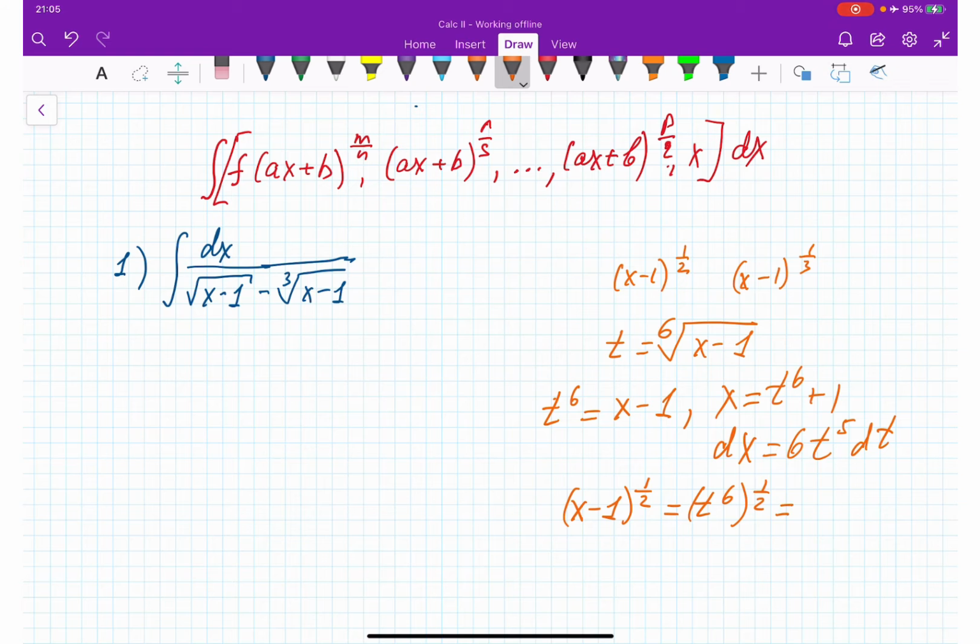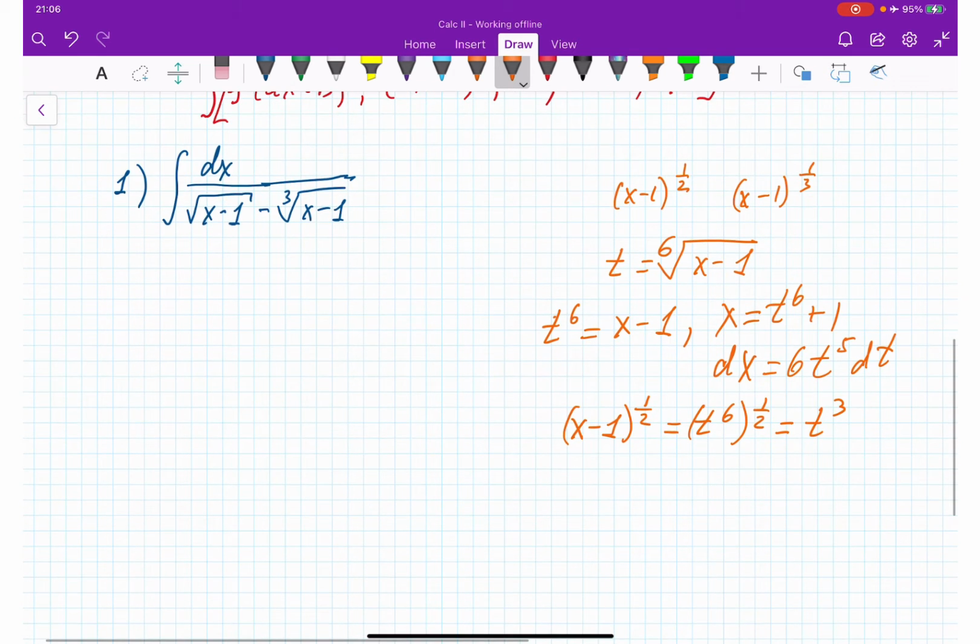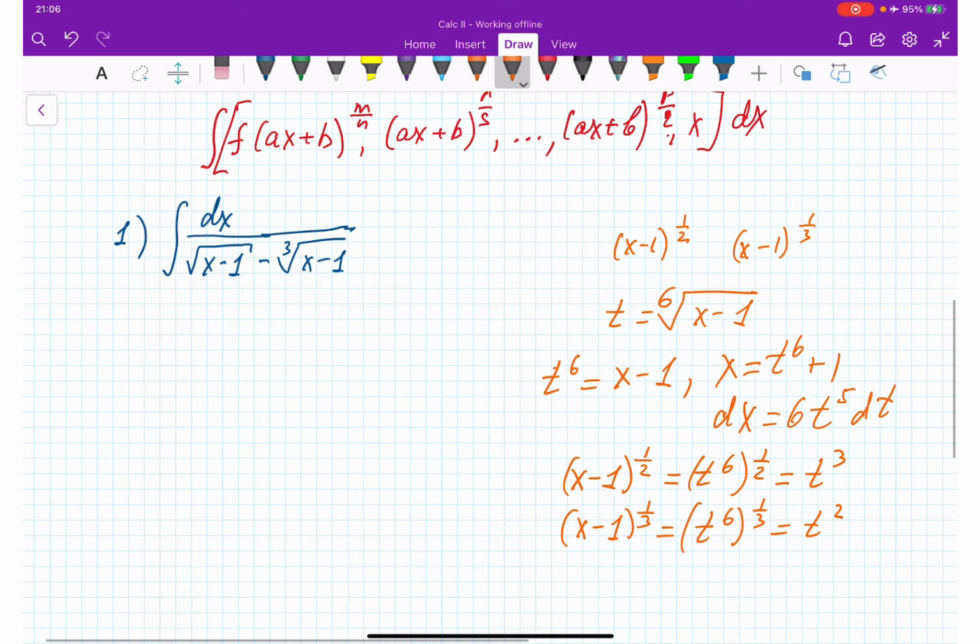Power to power, we multiply, right? And we get 6 times 1/2, which is 3. So it's t to power 3. And x minus 1 to power 1/3 is equal to t to power 6 to power 1/3, and that is going to be t squared. Okay, we have substituted all elements of the integral we need.